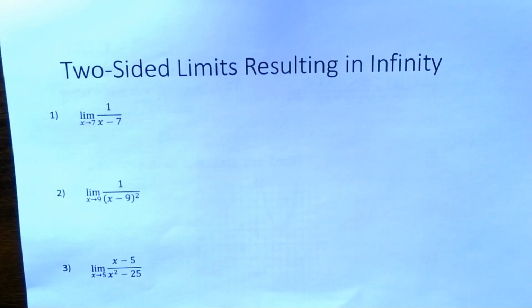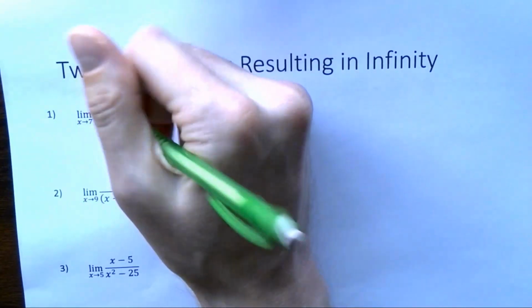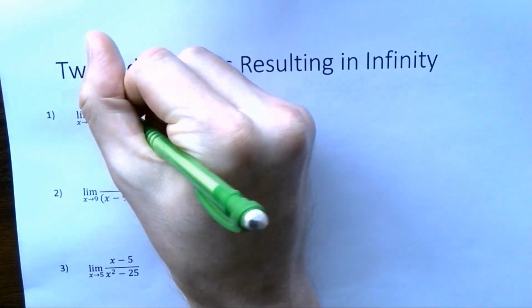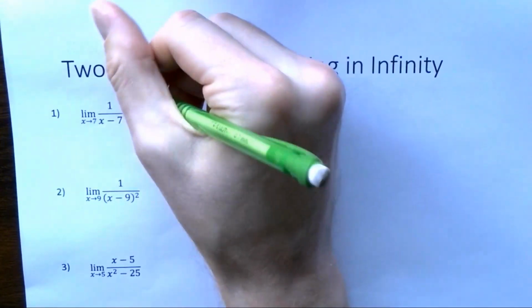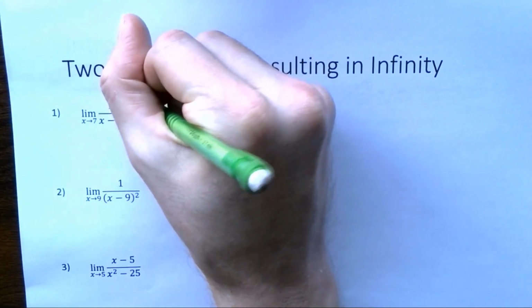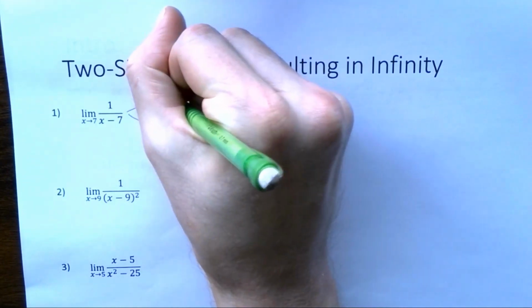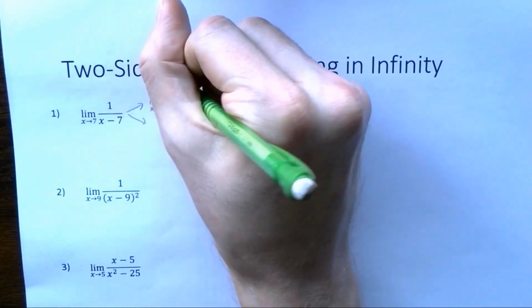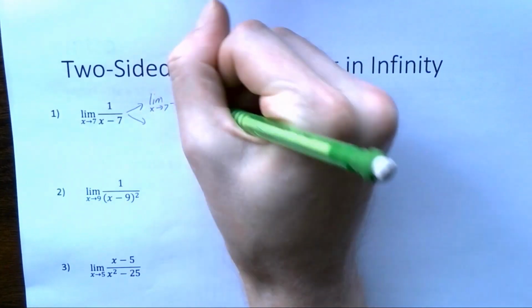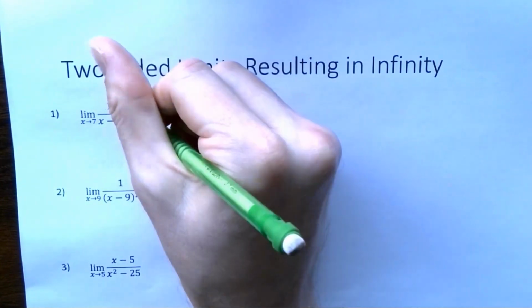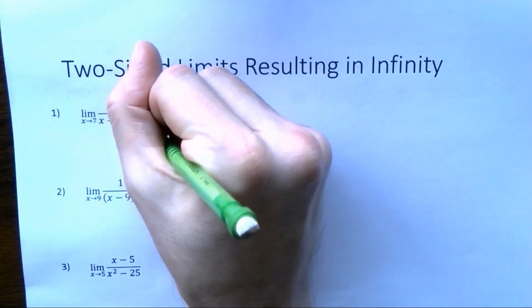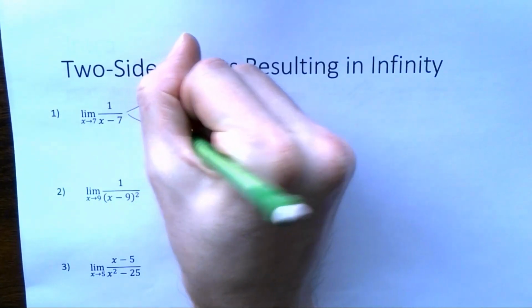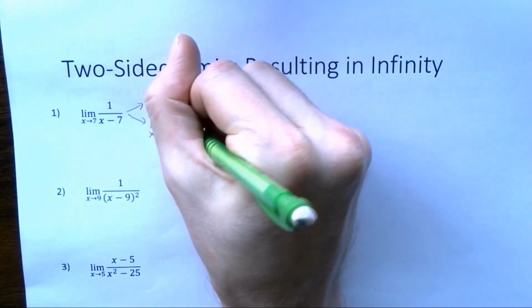And for 1 over x minus 7, there's no way of simplifying that. So that means we have to split it up, and we have to check the limit as x approaches 7 from the left of 1 over x minus 7, and the limit as x approaches 7 from the right of 1 over x minus 7.